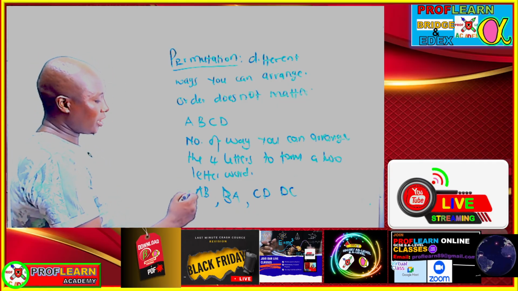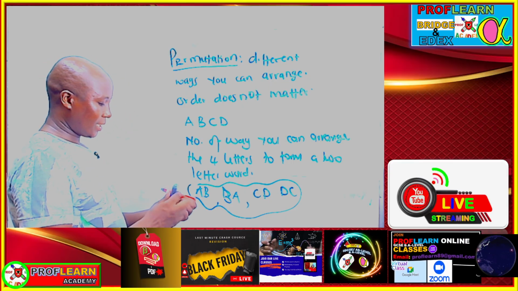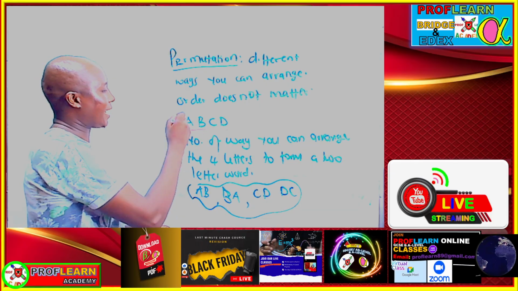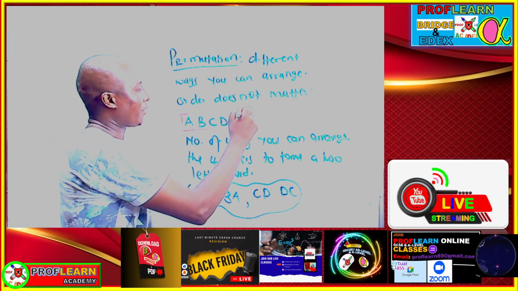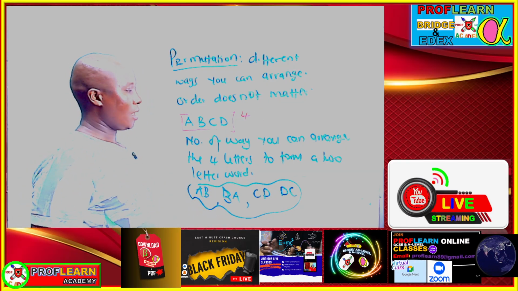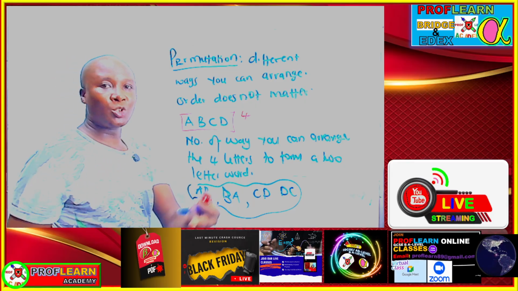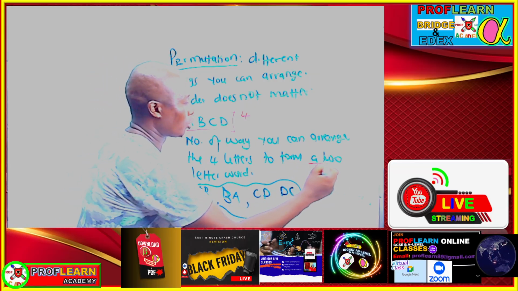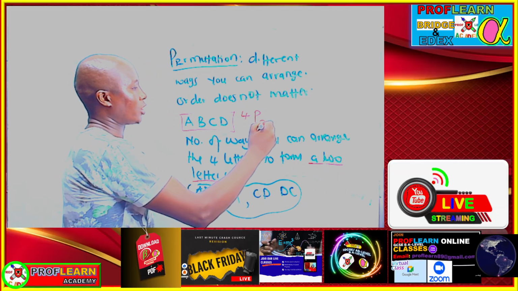So instead of doing all this, you check how many items you have that you can possibly arrange. There are 4 of them. And the item that you want to have has how many letters? You are going to have a 2-letter word. So this is going to be 4 permutation 2.